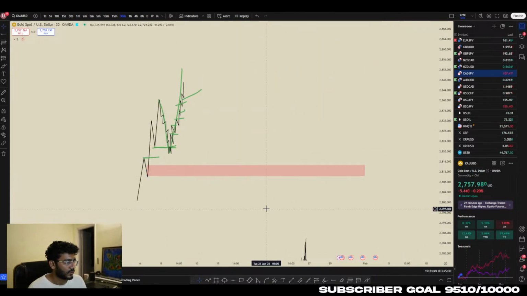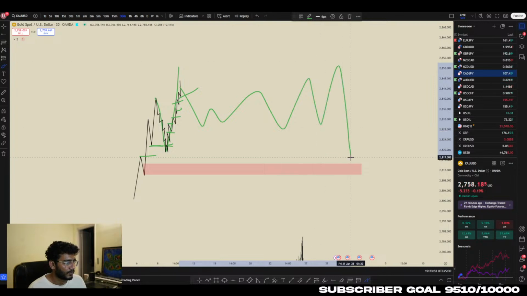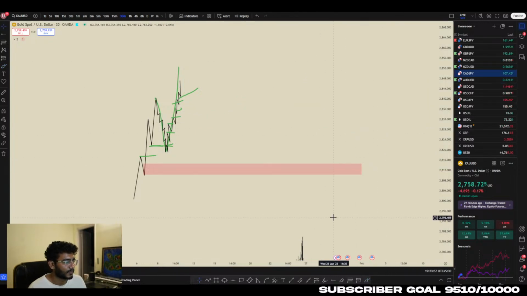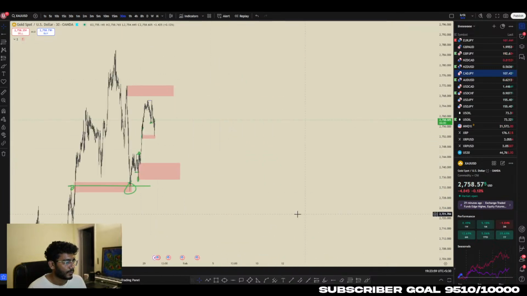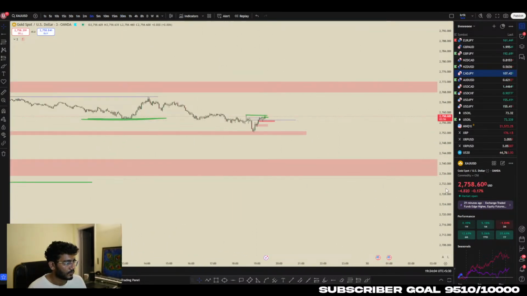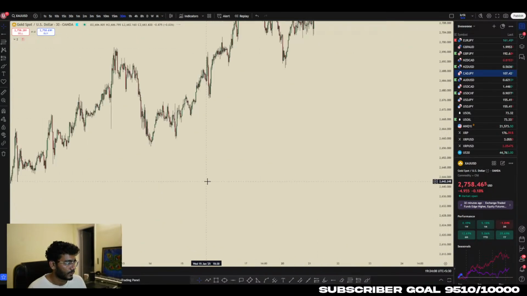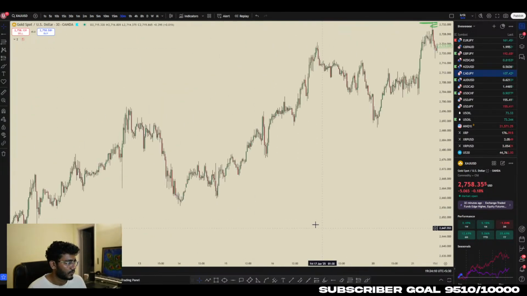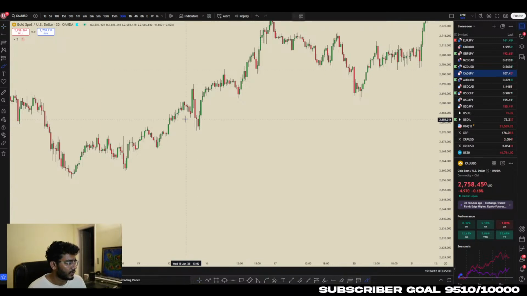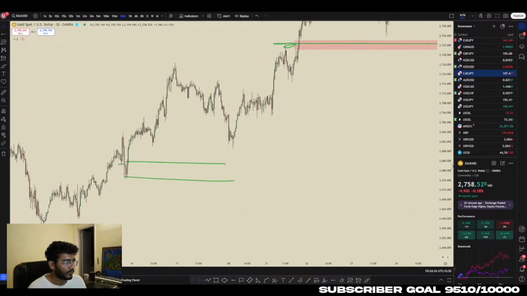This order block, maybe after 2 days, 4 days, maybe after a year, price will mitigate and then it can continue to the upside. Like this, we can see price induced this low, price created an order block, but price never tapped this order block.